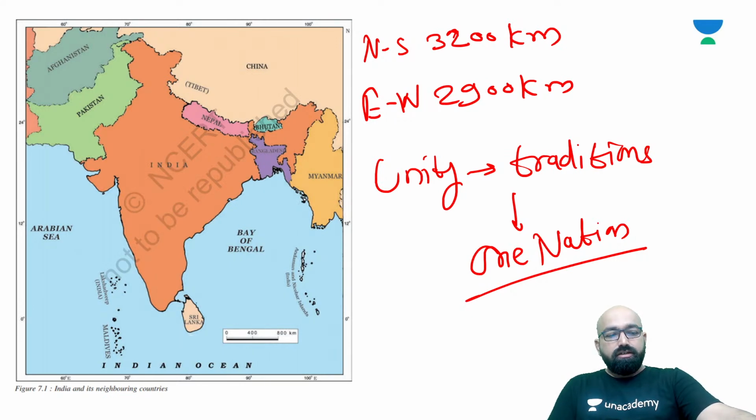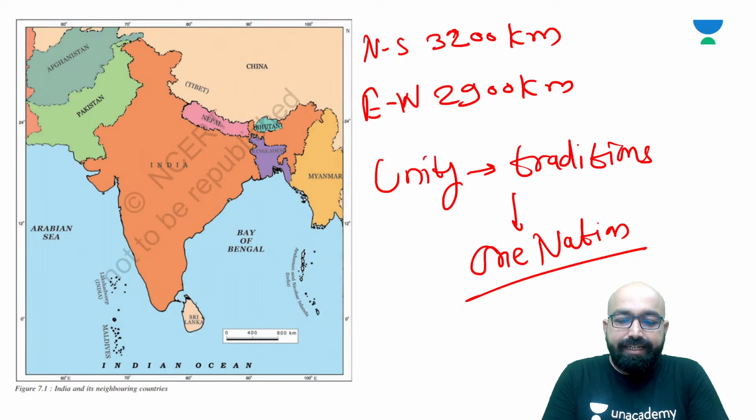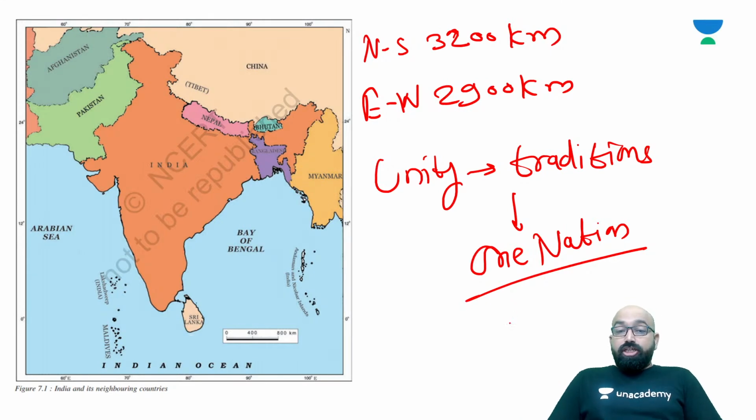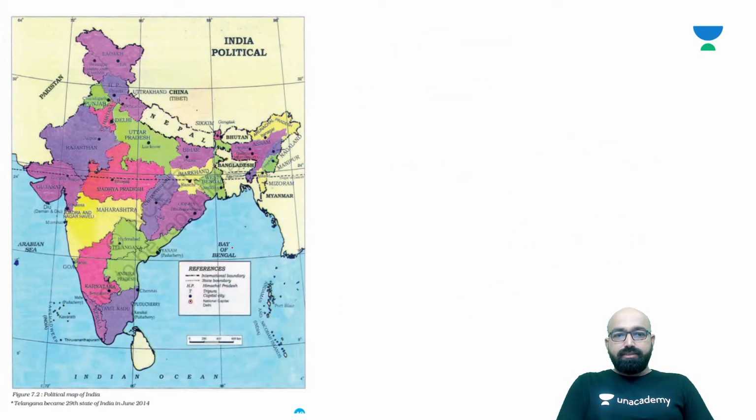Now, friends, as for the locational setting, India is located in the northern hemisphere, so the Tropic of Cancer, that is 23 degrees 30 minutes north, passes almost halfway through the country.